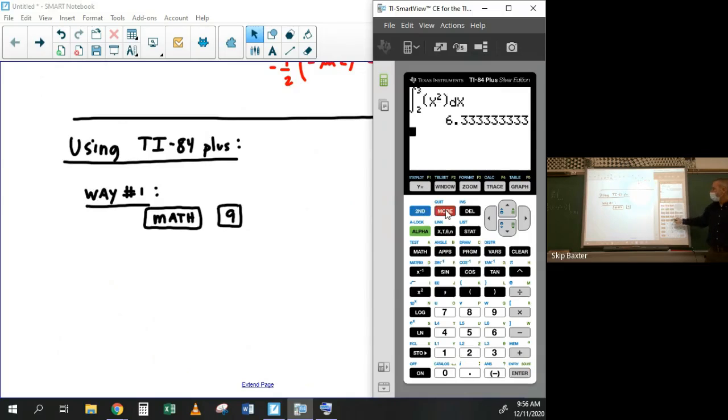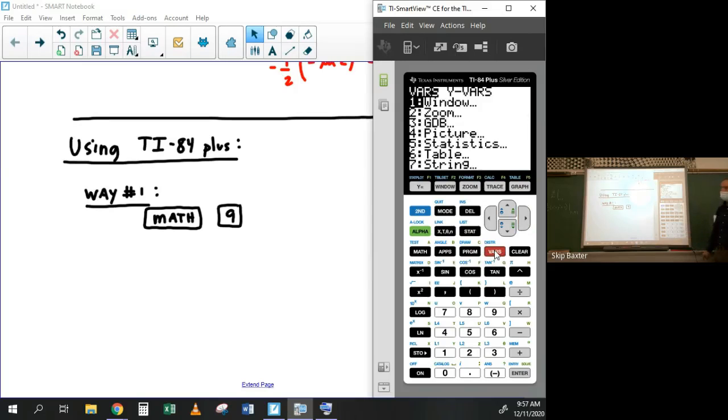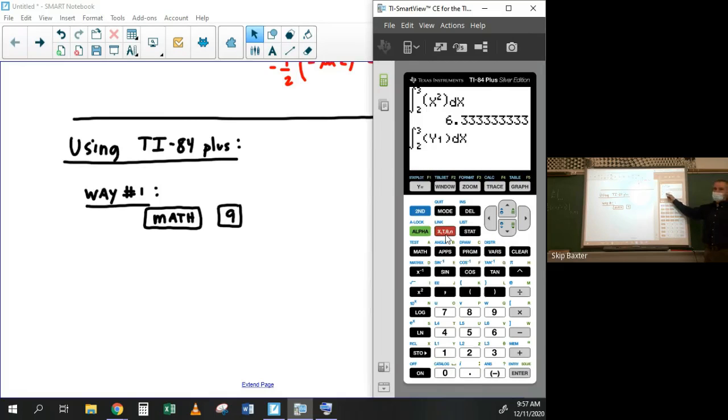From the main working screen, I'd press Math 9, the integral from 2 to 3, and instead of typing in the whole function, I could just say y1, which is Variables, Y Variables, Function, y1, dx. So now this is just going to integrate whatever I have already typed in to y1.